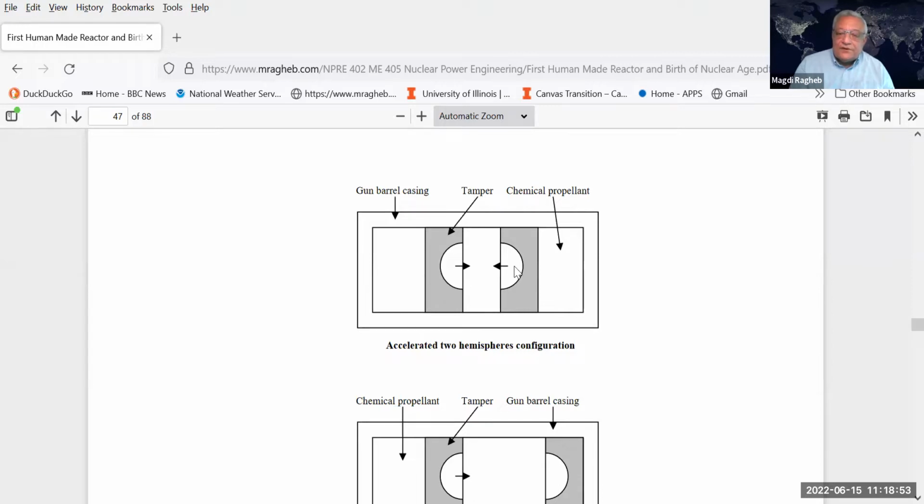This would be subcritical. It won't generate a self-sustained chain reaction. The other half is subcritical. When you bring them together, and contain them with that tamper surrounding them, you would make the system supercritical, and you can release the nuclear energy.